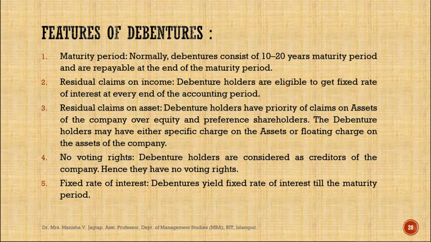Next is residual claim on assets. Debenture holders have priority of claim on assets of the company over equity and preference shareholders. The debenture holders may have either a specific charge on the asset or a floating charge on the asset of the company.